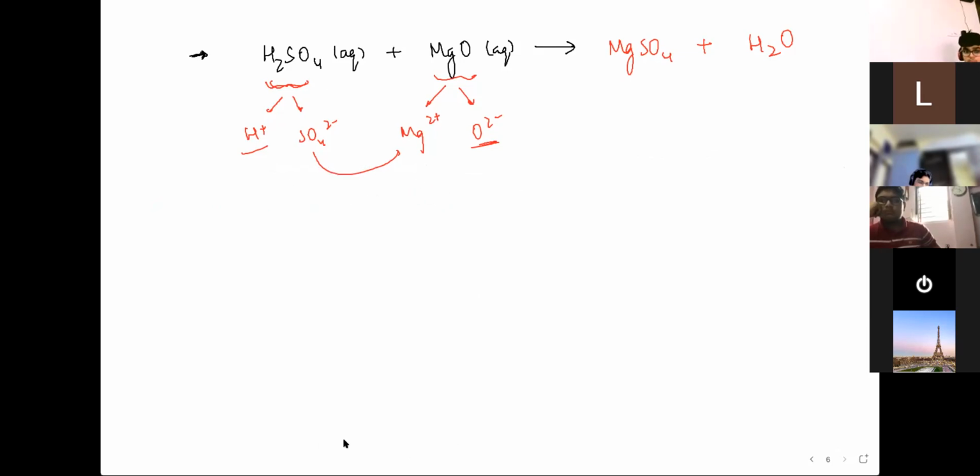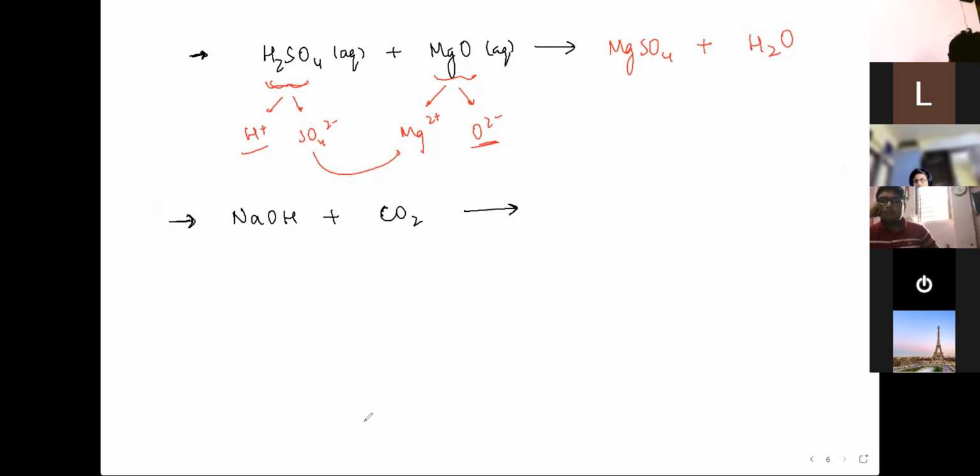Just like how we have a reaction between acids and metal oxide, similarly you can also have a reaction between a base, let's say NaOH, and a non-metal oxide. A non-metal oxide would be, for example, carbon dioxide.